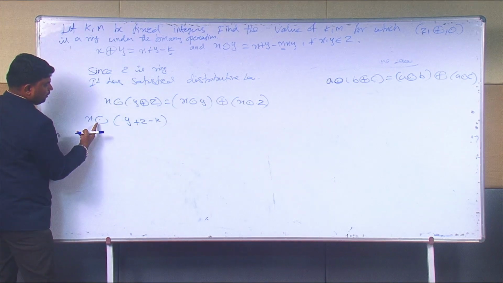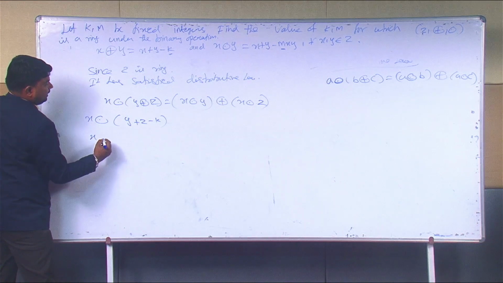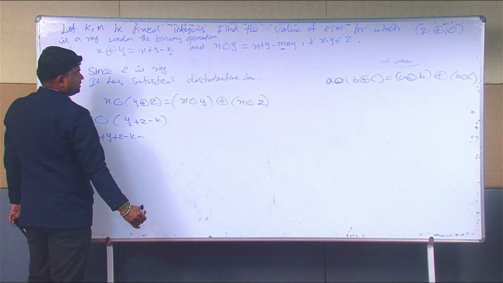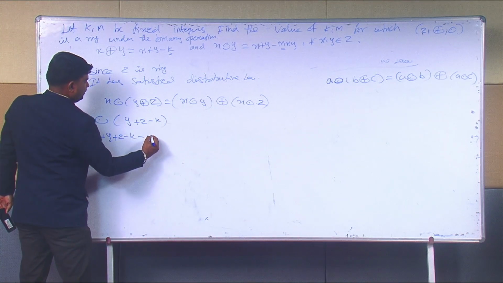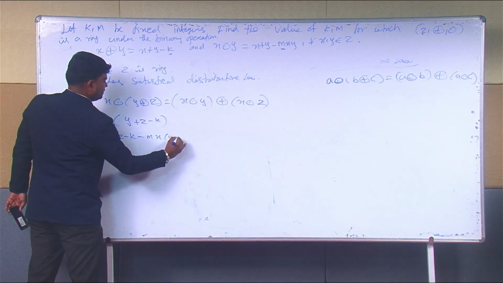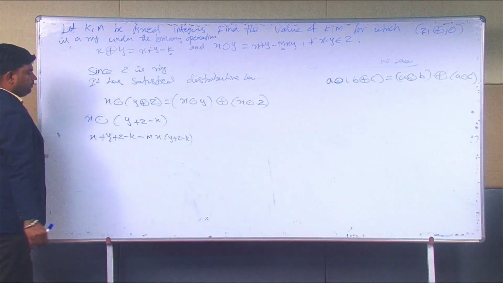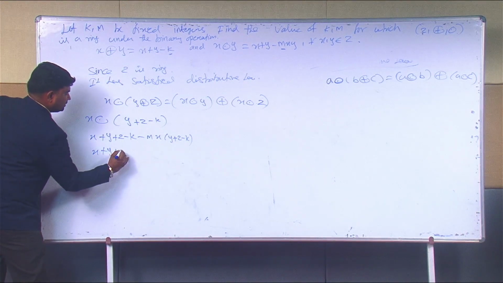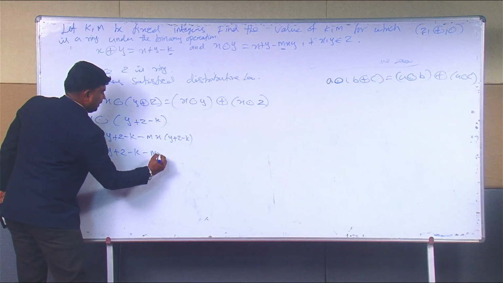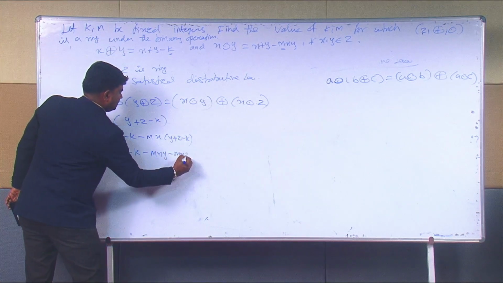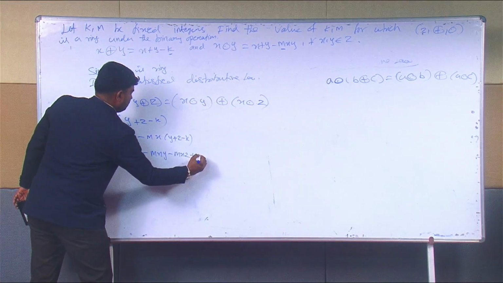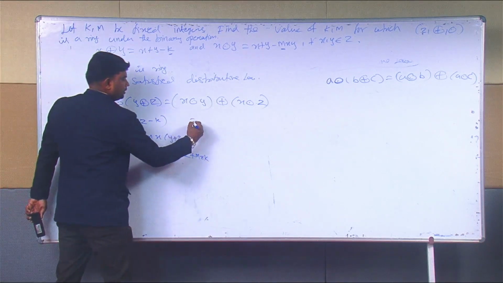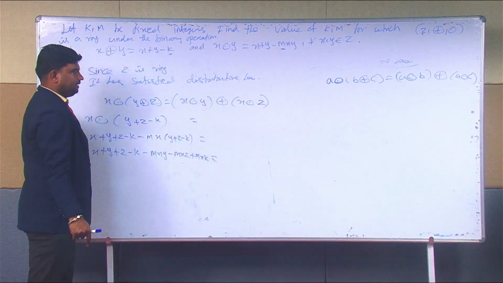And again implement the multiplication modulo condition: x plus y plus z minus k minus m into x into y plus z minus k. Simplify this: x plus y plus z minus k minus mxy minus mxz plus mxk. So this is the left side value.